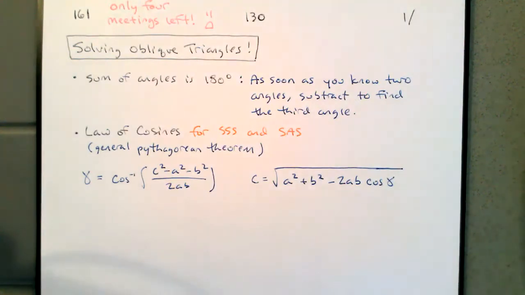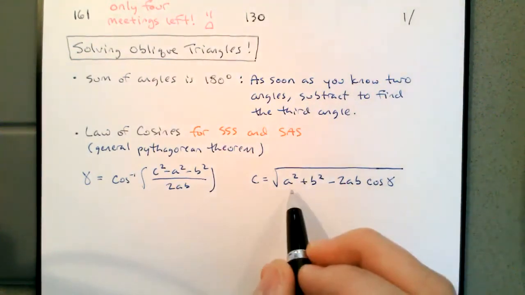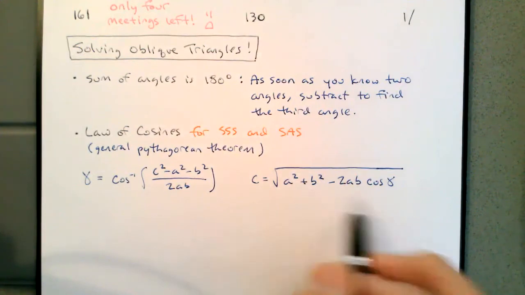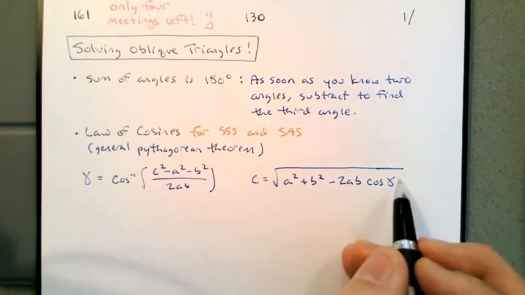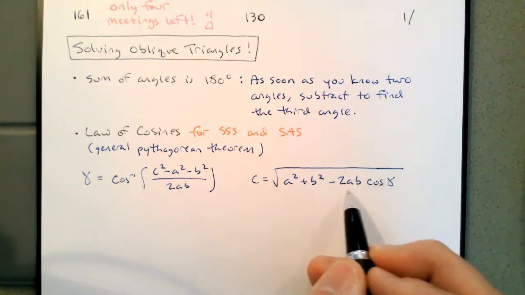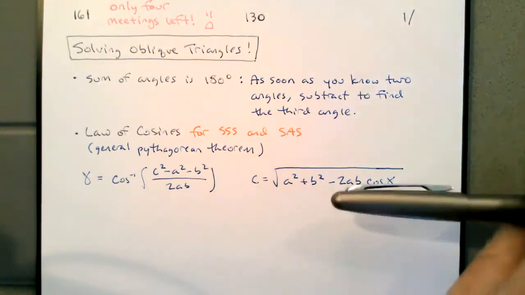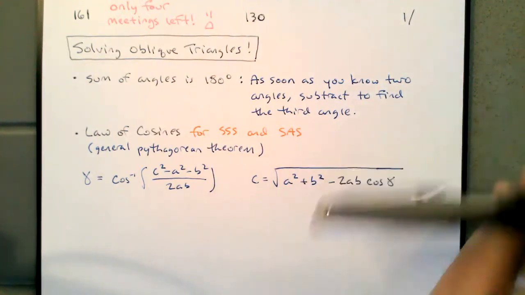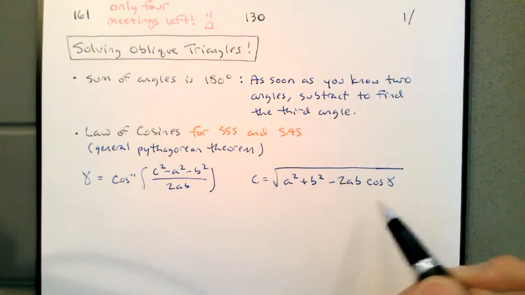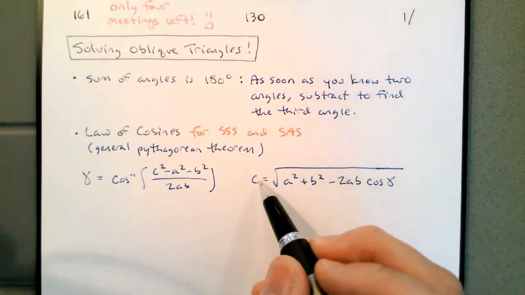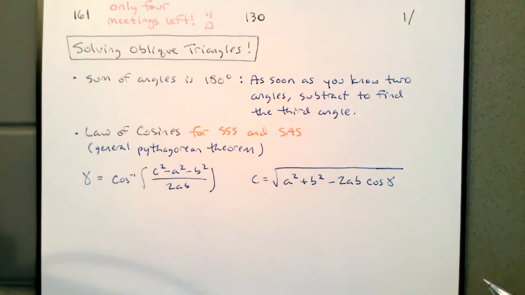It depends on what we have. So here we have the Pythagorean theorem. If gamma is 90 degrees, cosine of 90 is 0, and this minus 2ab cosine gamma term drops out. If gamma is a 90-degree angle, then c is called the hypotenuse, and this is how we would solve for the hypotenuse.